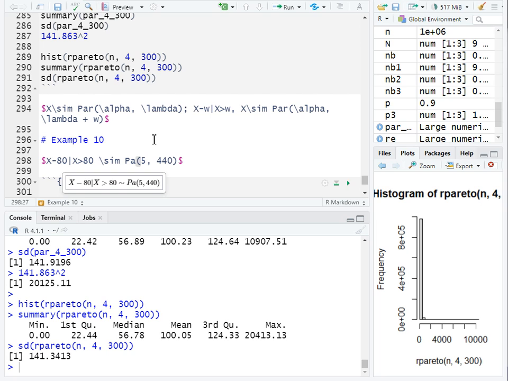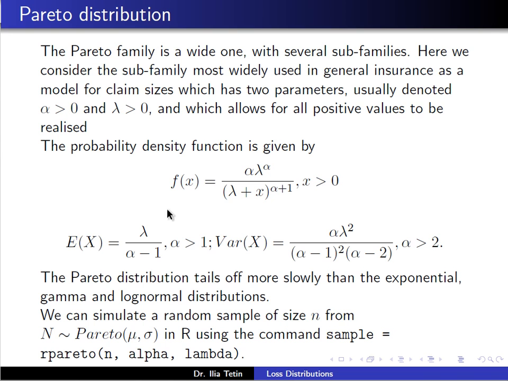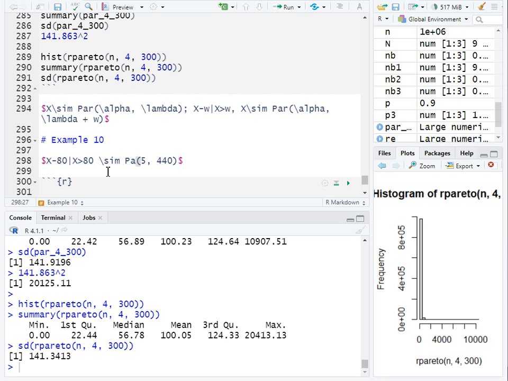So what will be the expected value of this X minus 80 given X more than 80? We are going to use the formula for the expected value, which is just lambda over alpha minus 1. So lambda over alpha minus 1 is the exact value, which is just 440 divided by alpha minus 1, where alpha is 5, so 4.